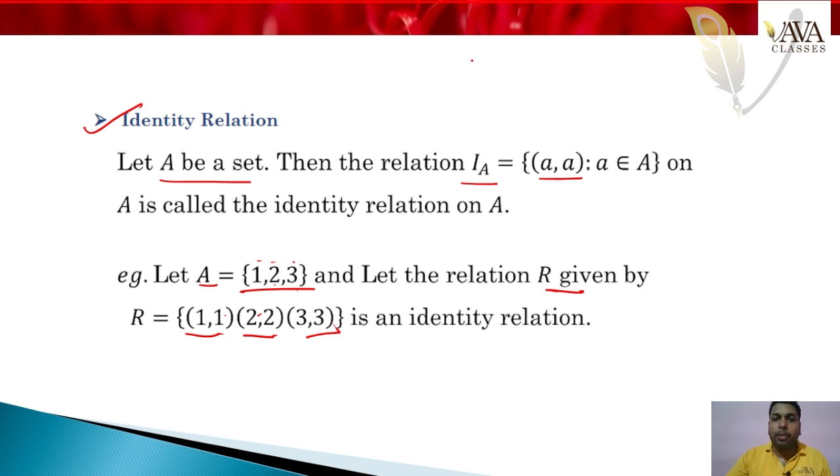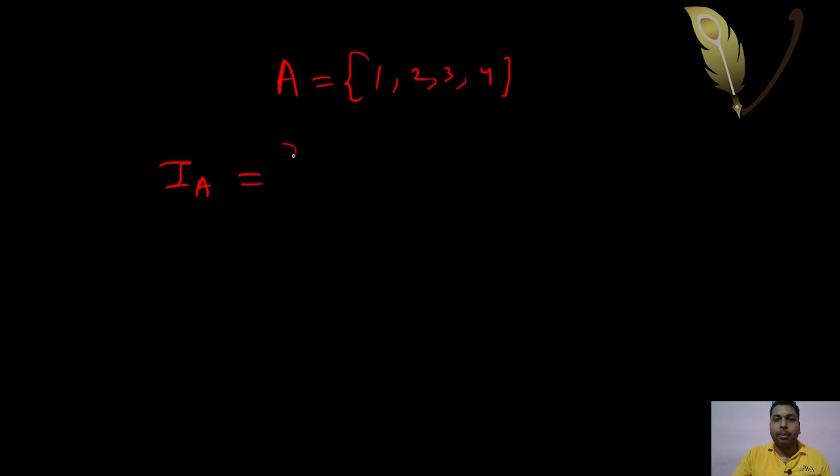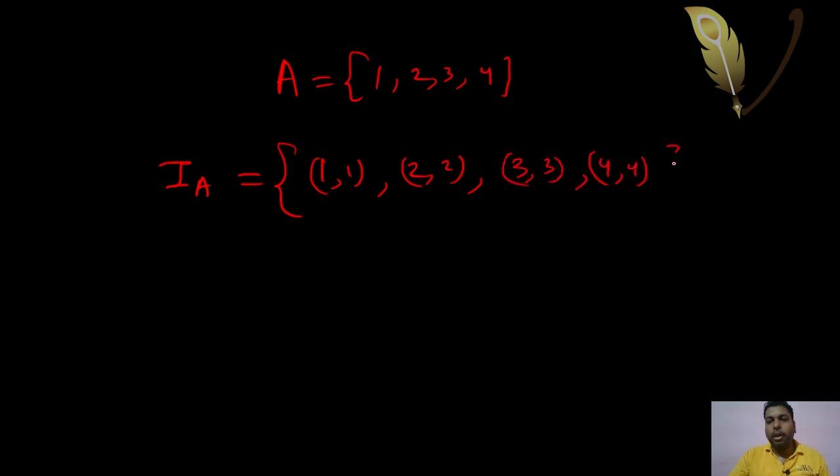You can give another example of an identity relation here. Suppose A equals {1, 2, 3, 4}. Then the identity relation is defined as {(1,1), (2,2), (3,3), (4,4)}. So every element of A is related with itself, then it is called an identity relation.